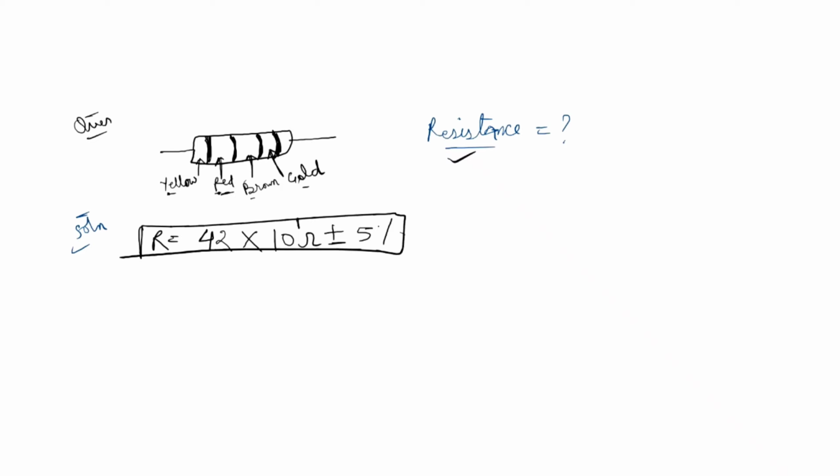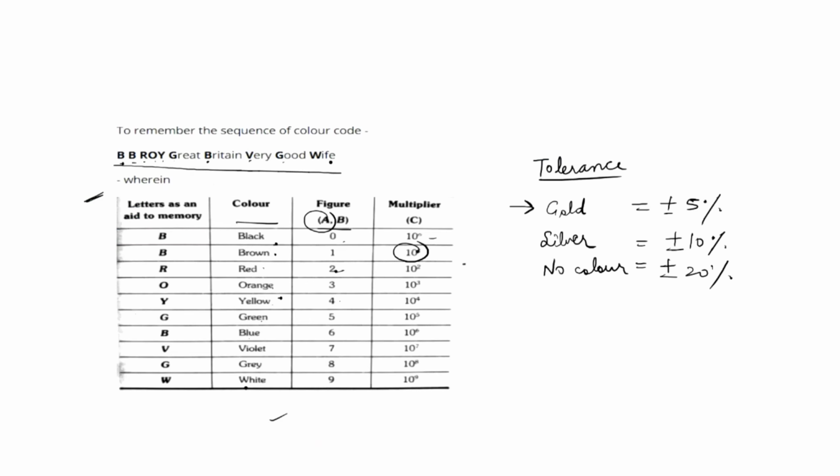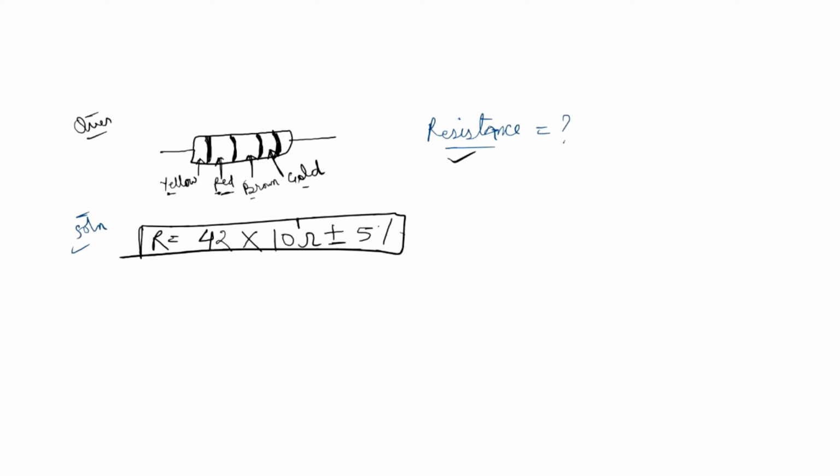Now the second one is a similar question, but with different colors. Band 1 is violet, band 2 green, band 3 blue, band 4 silver. For the first and second bands we find the corresponding values. For violet, 7, so you write 7.